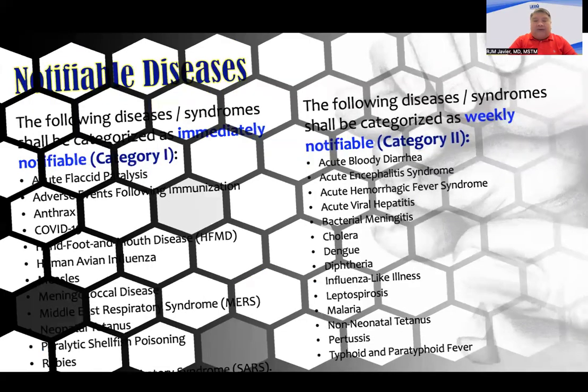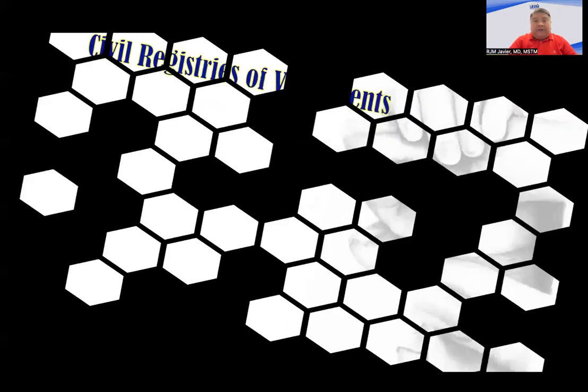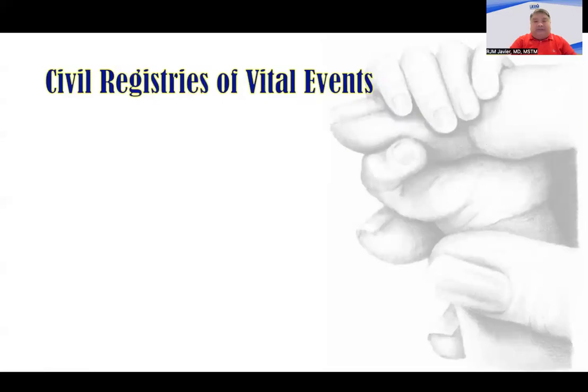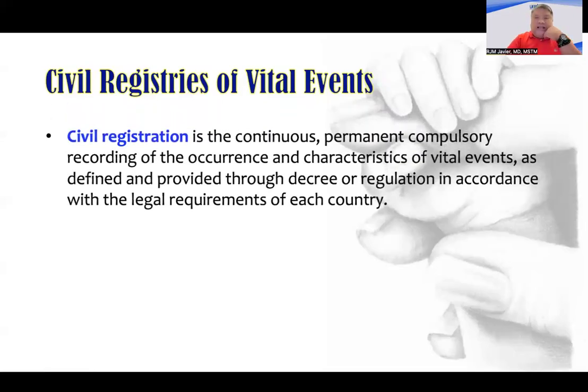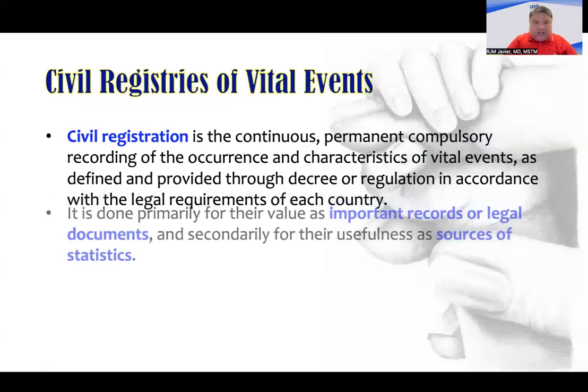And then you also have your civil registries of vital events. Civil registration is the continuous, permanent, compulsory recording of the occurrence and characteristics of vital events. When I say vital events, I'm often pertaining to birth and death, as defined and provided through decree or regulation in accordance with the legal requirements of each country.